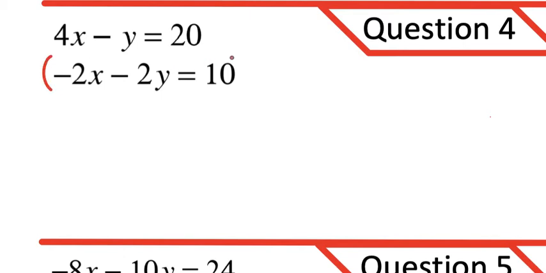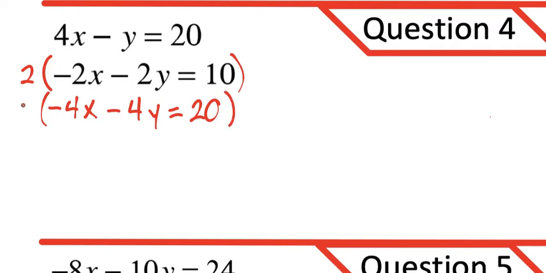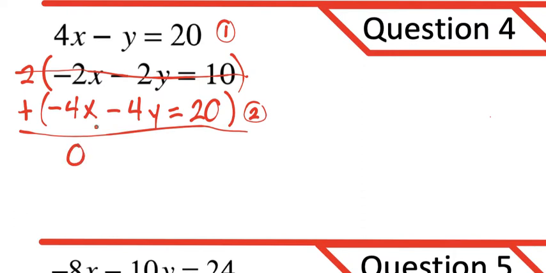What we need to do in order to eliminate x is multiply the bottom equation by 2. What this is going to give us is -4x minus 4y equals 20. Now if we add the two equations together, the equation on top I'll write as number 1, and the equation here, number 2, if we combine them or add them together, 4x minus 4x is going to be 0. -y minus 4y is going to be minus 5y.